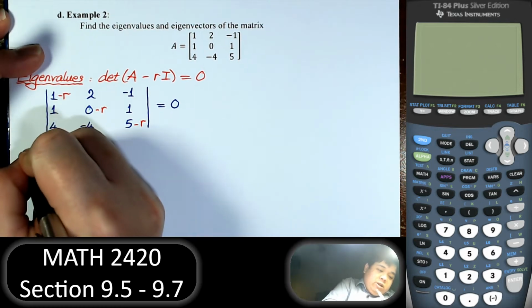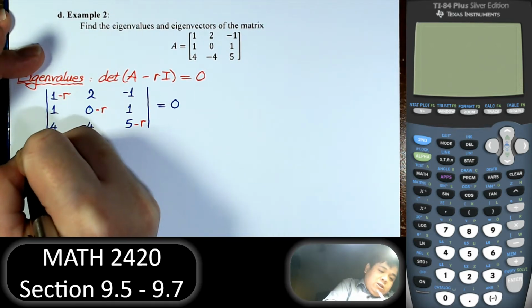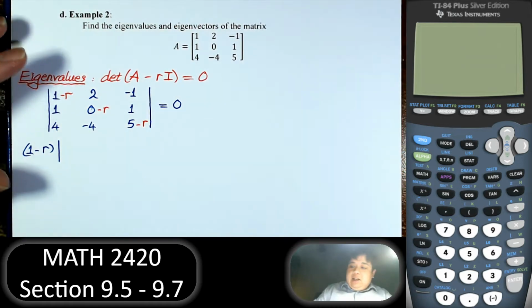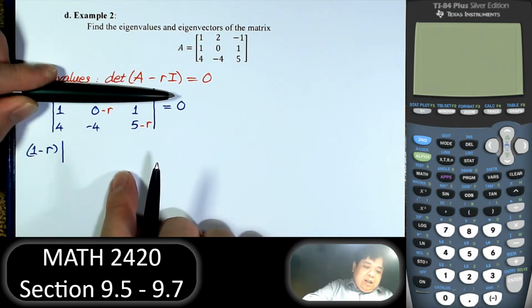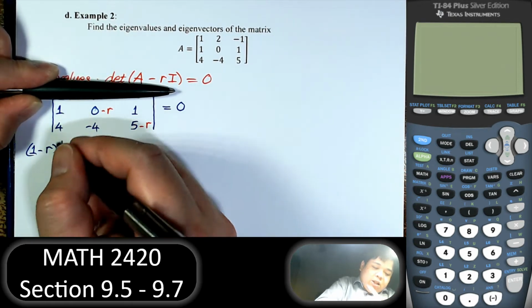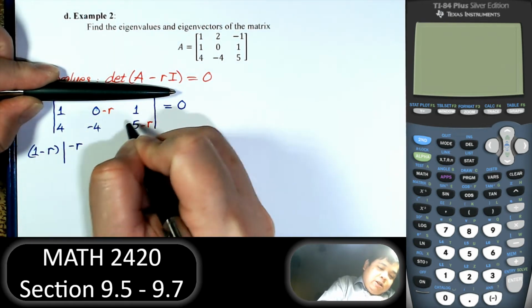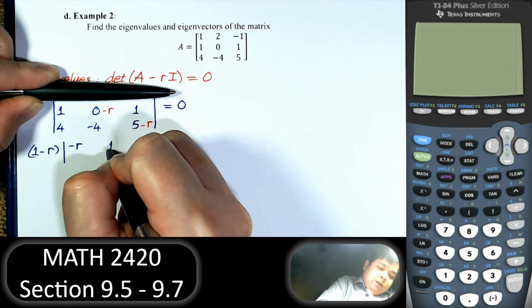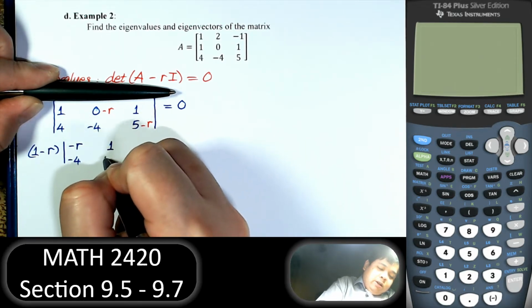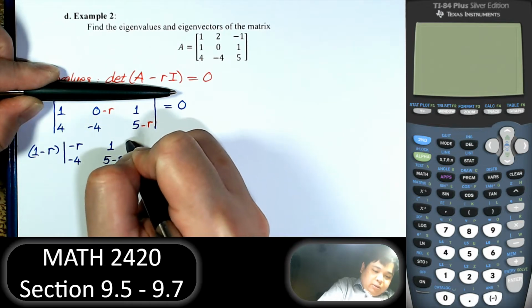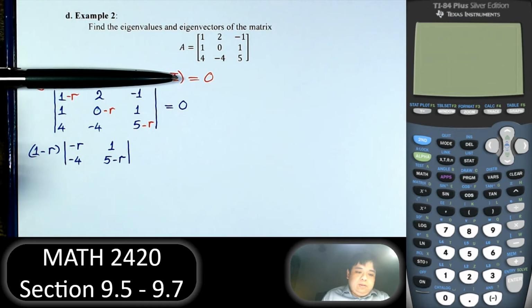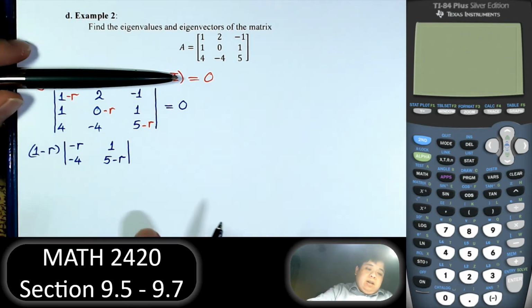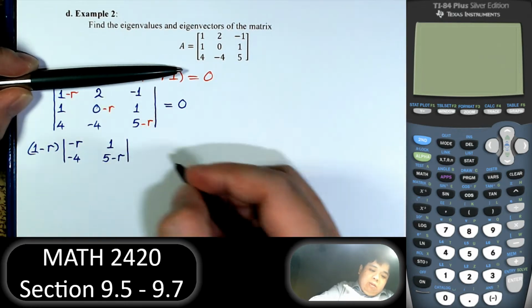Right, 3 by 3 determinant. We did this before. 1 minus r, and then for that entry, we cover the row and the column containing that entry. So we're going to have -r and 1, -4, 5 minus r. Right, next, subtract.